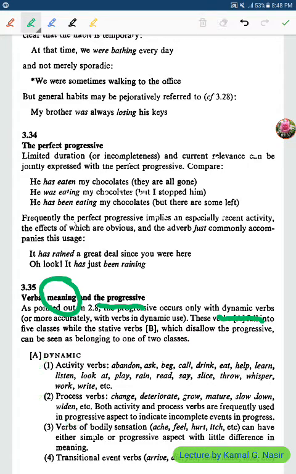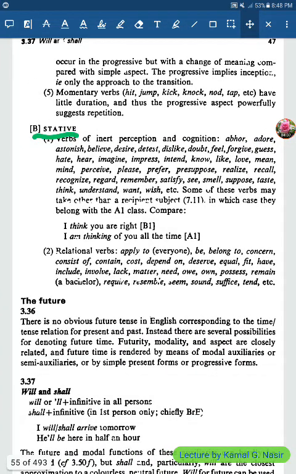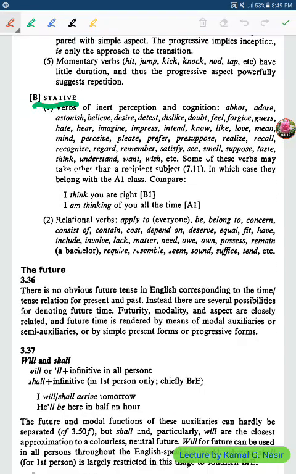Other dynamic verbs are verbs of bodily sensation, which are ache, feel, hurt, itch, etc. And the transitional event verbs, which are arrive, die, fall, land, etc. These are dynamic verbs which can take ing or can be used in the progressive aspect.